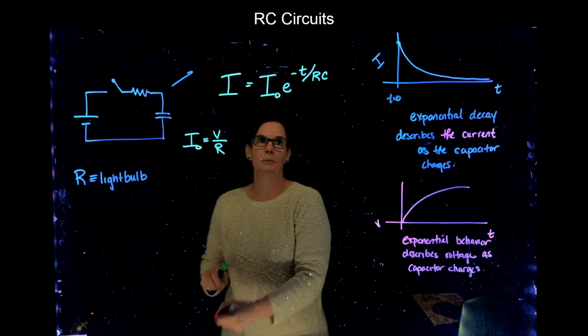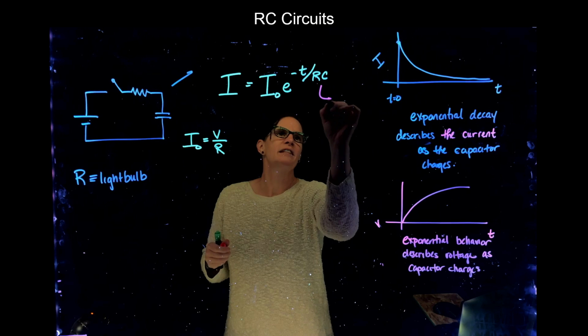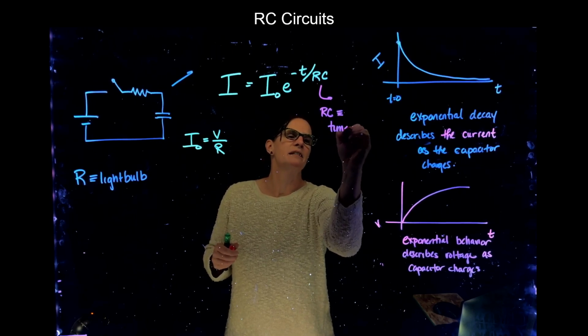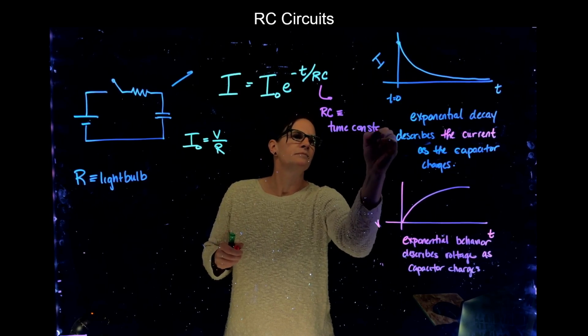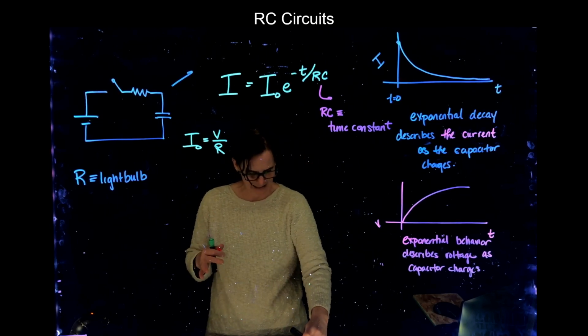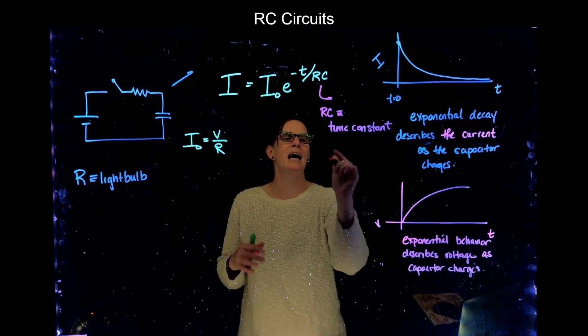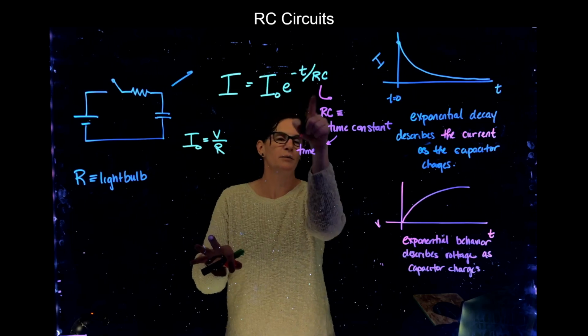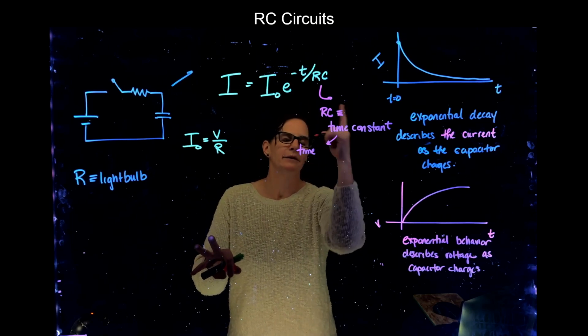Now, there's a little bit of naming here. This value RC is defined as the time constant. And the time constant is defined, and I just want to get this right, as the time it takes. You might remember this from learning about exponential decay and growth.